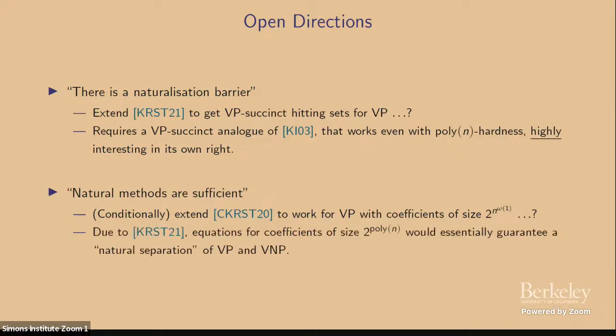Because of the second result, as I mentioned, the coefficients are 2 to the poly n large. So even if you show that for polynomials in VP that have 2 to the poly n size coefficients there are equations for them, then you know that VP and VNP can't be the same. But this is more of the first bullet on the last slide. Okay, that's about it.